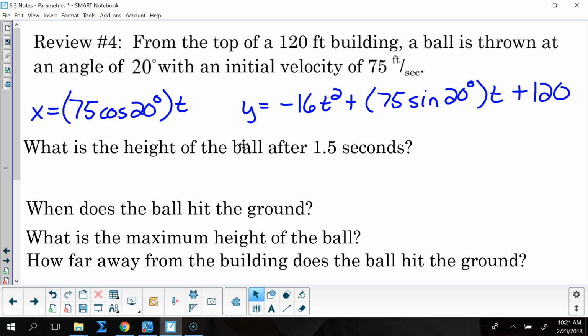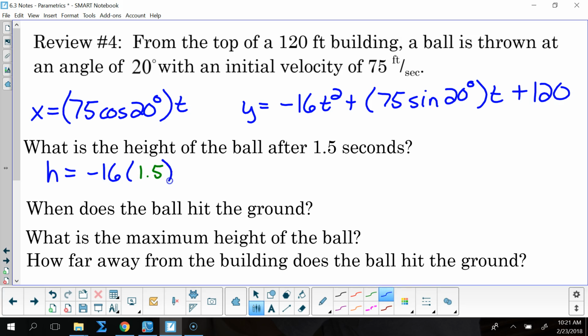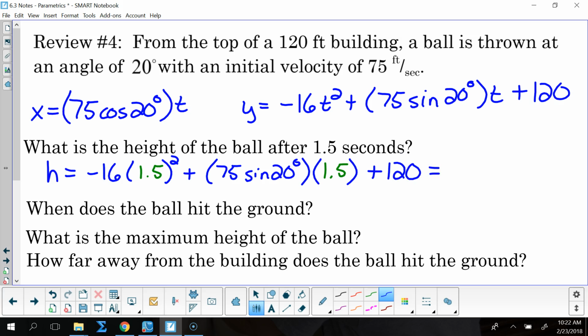Yes, I would just put the height of the ball here then is negative 16 times 1.5 squared plus 75 times the sine of 20 degrees times 1.5 plus 120.